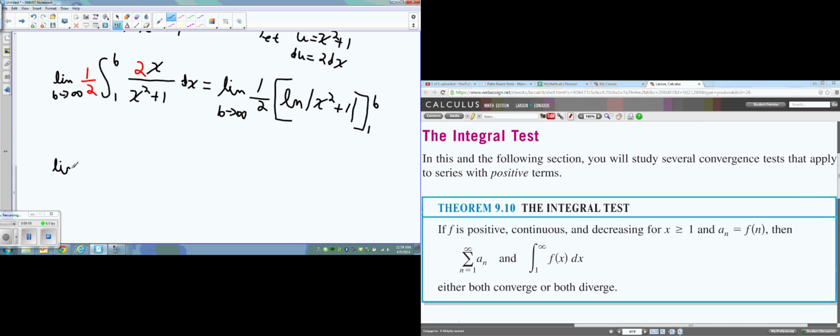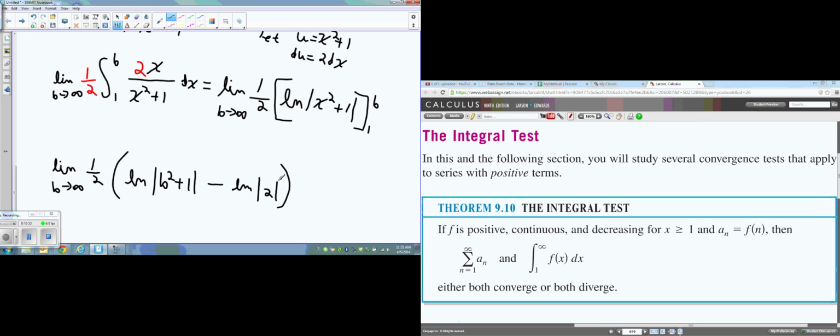So this is going to be the limit as b approaches infinity of 1/2 of the natural log, the ln, of the absolute value of b squared plus 1, minus the natural log of the absolute value of 1 squared plus 1, which is 2, closing this up.